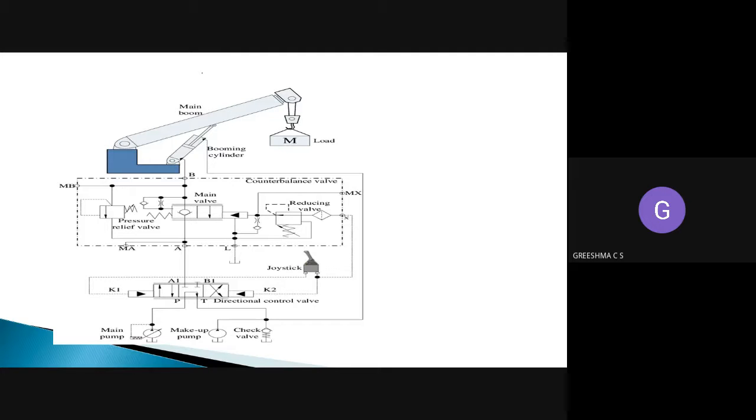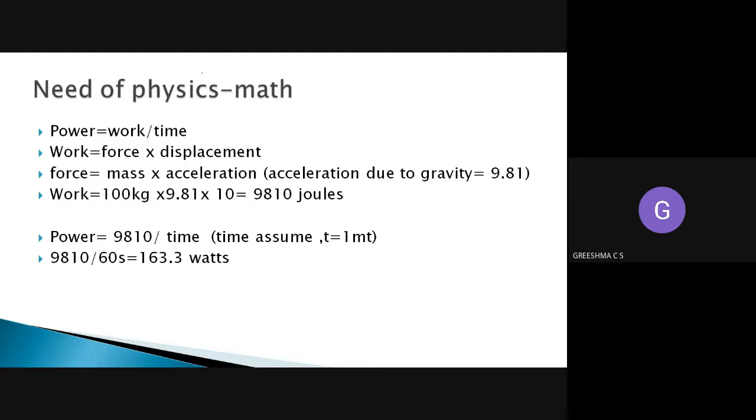That's the first thing you have to calculate, and that's the physics portion we are using here. Power means work divided by time, the work that is done in a specific time. Work means force into displacement. That is the force which has been displaced, that is called work.